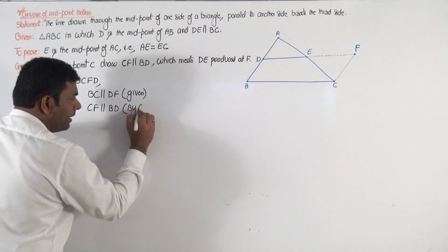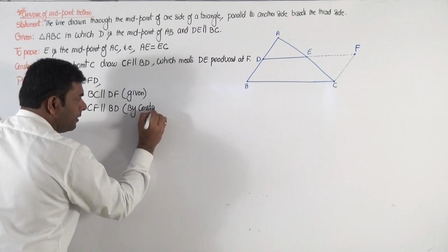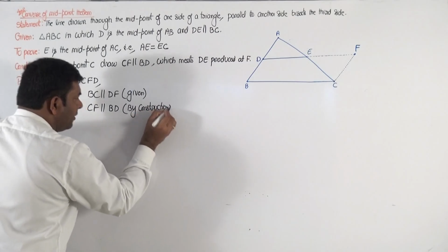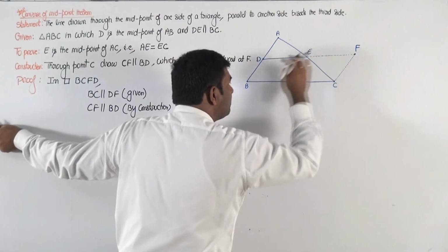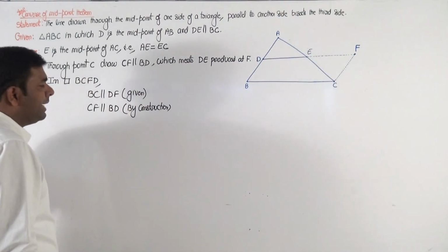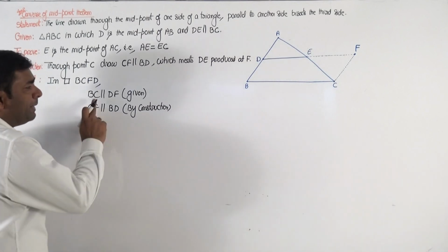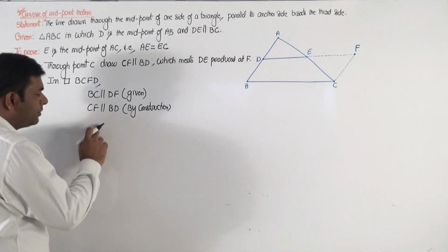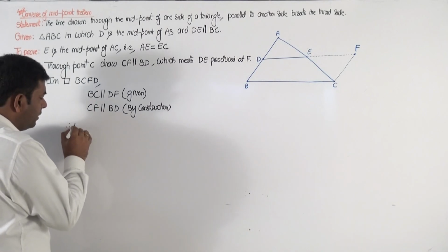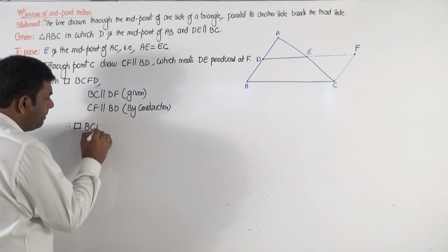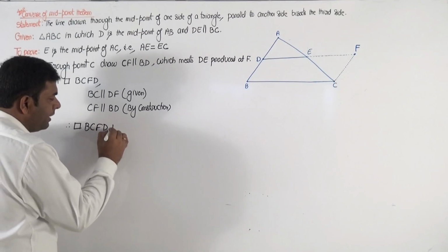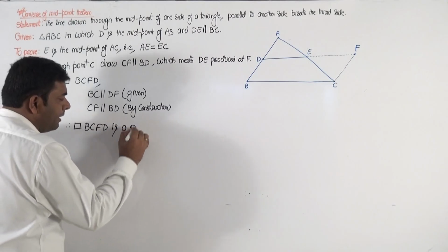CF is parallel to BD, that is by construction. So each pair of opposite sides is parallel. So therefore the quadrilateral BCFD is a parallelogram.